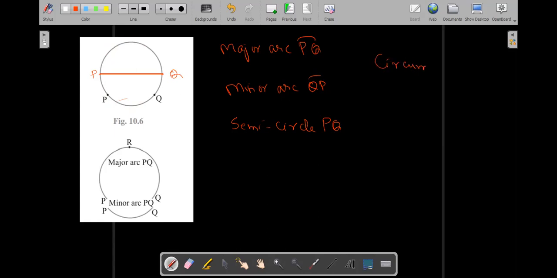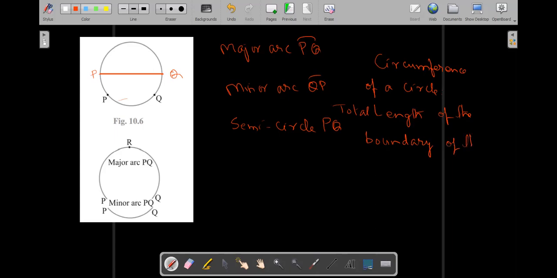So circumference of a circle is the total length of the boundary of the circle.